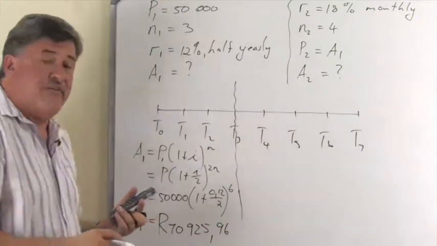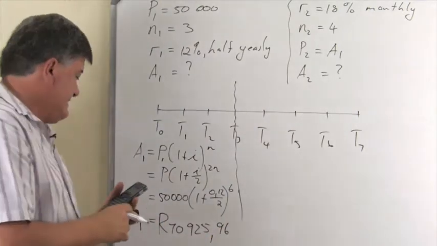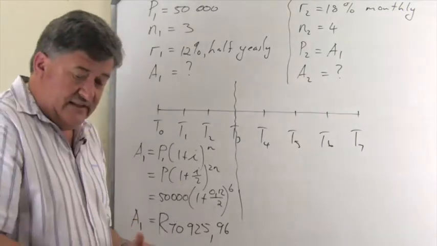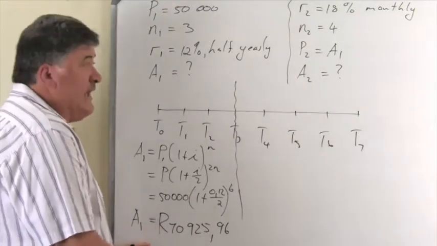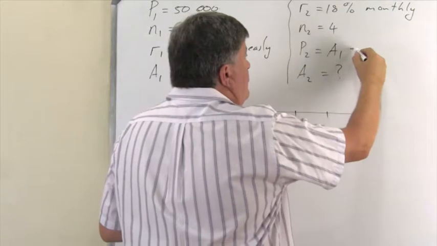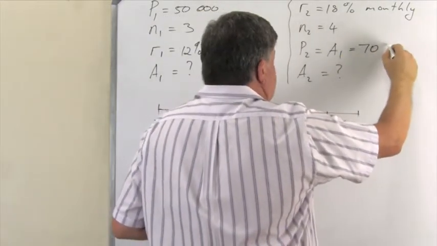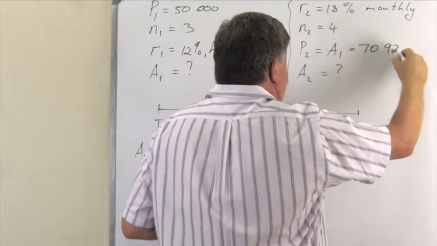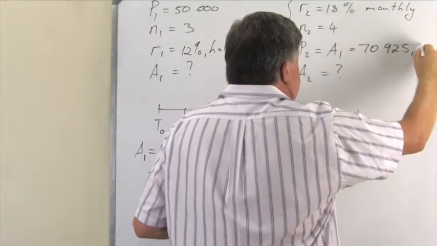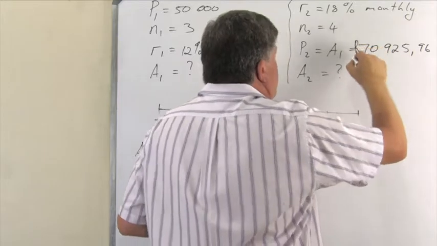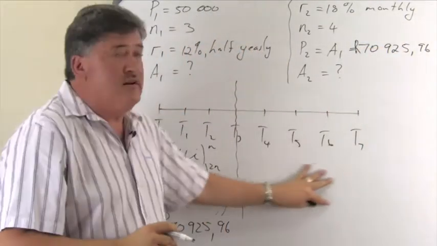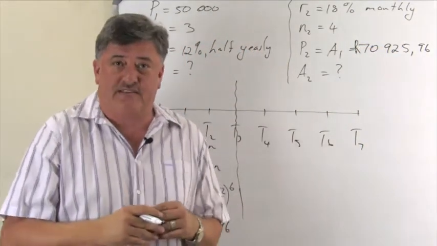It was 955, so I round off to 96. So this 70,925 Rand, which is my A1, will now become my P2. So this is now, in the second part, what we will invest.